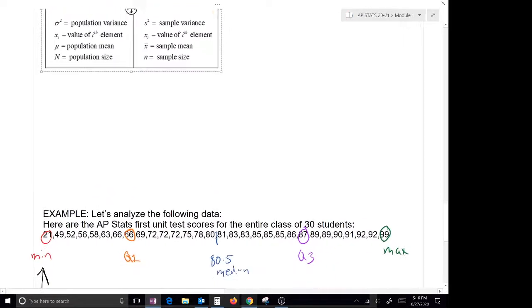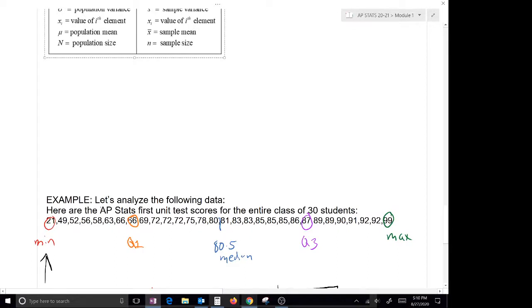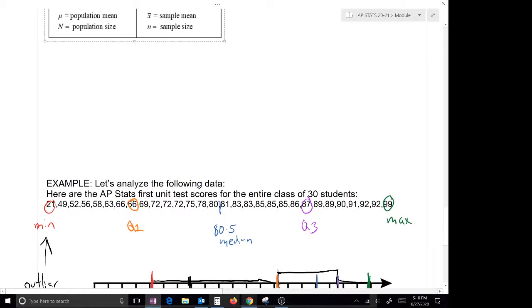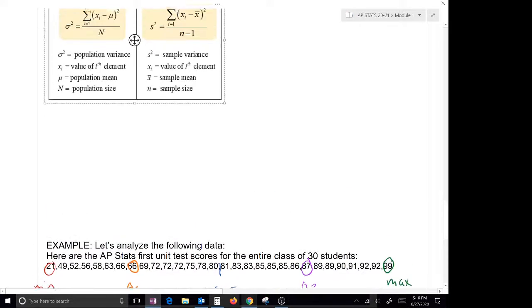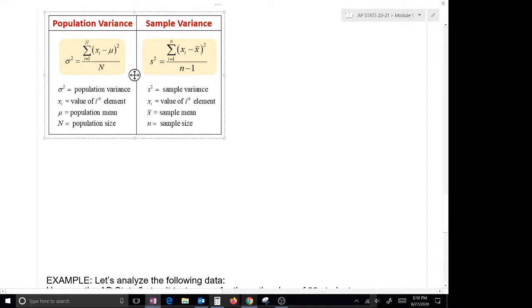But to just give you an idea, if I was going to take a sample out of this set, chances are I'm not going to get both the minimum and the max. In other words, my spread is going to be artificially shrunk because I'm probably going to pick more from the middle than to get the total spread from left to right. And so this n minus 1 is simply a correction.